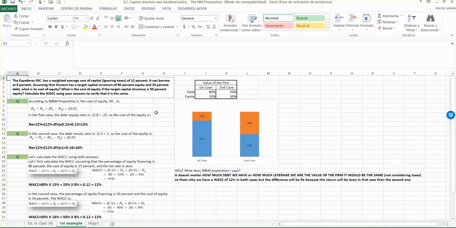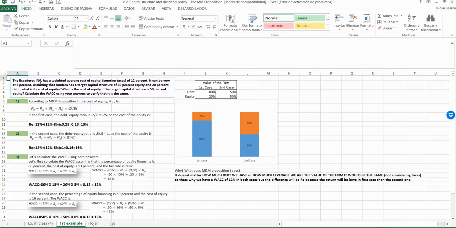We have here Espadero Inc., which has a weighted average cost of capital, ignoring taxes, of 12%. That's why we have the 12% here. It can borrow at 8%. RD is not our interest; it's the percent at which we can borrow.